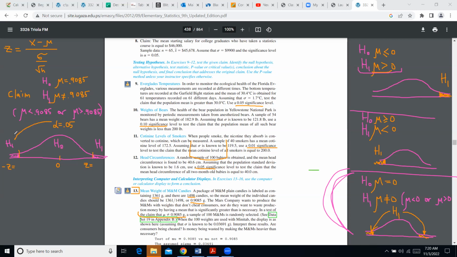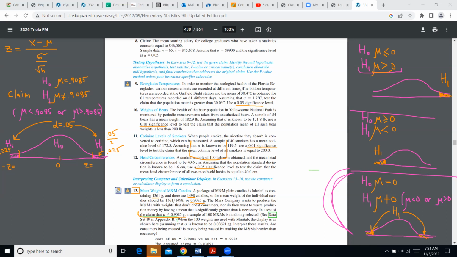So the total region for H1 will be 5%. And that is why each portion of it will be a half, which is 0.025. So the region here is of the area 0.025, and the same 0.025, half of significance, is the region on the left side.